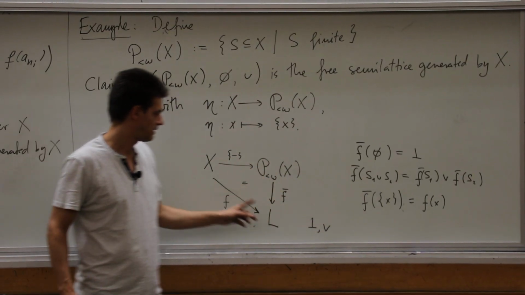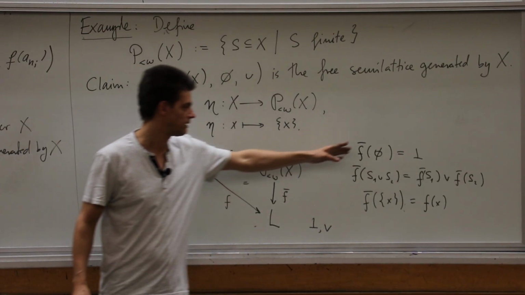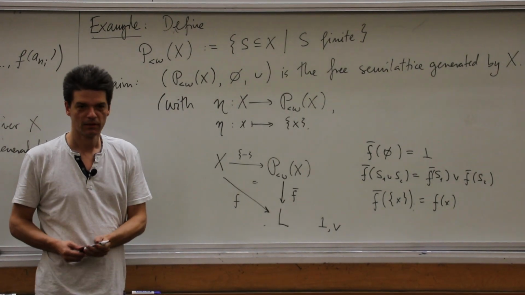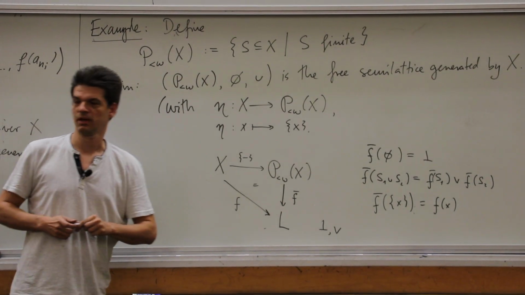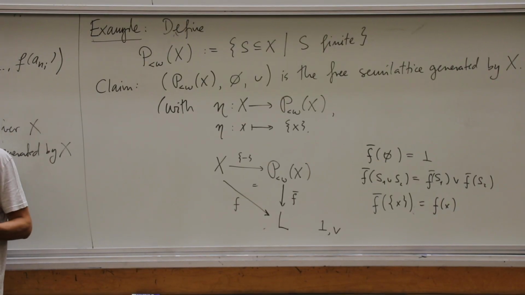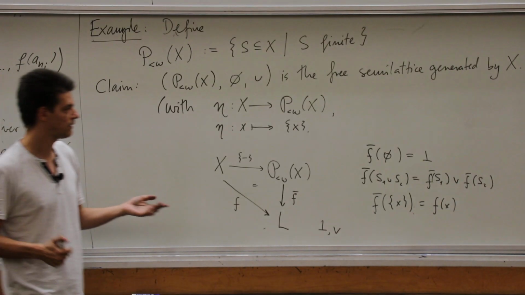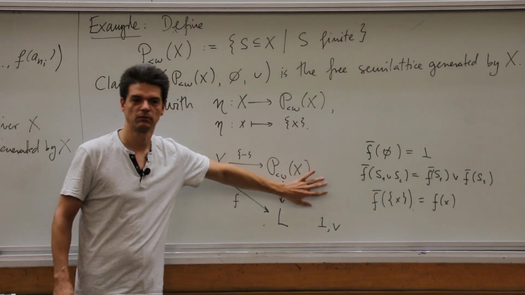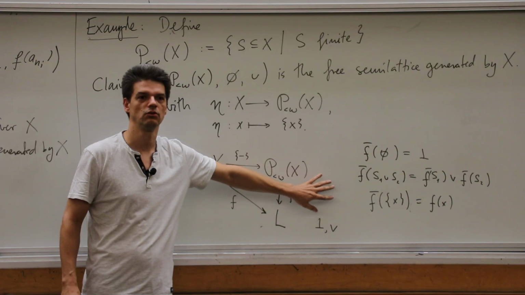The third one says that this diagram commutes. And now I stare at this and I say, is there such an F bar? And if there is such an F bar, is there 2 of them or 17 of them? How many are there? I'll leave you to think about that, to see whether this F bar exists. Okay, something to think about. It exists and it's unique.